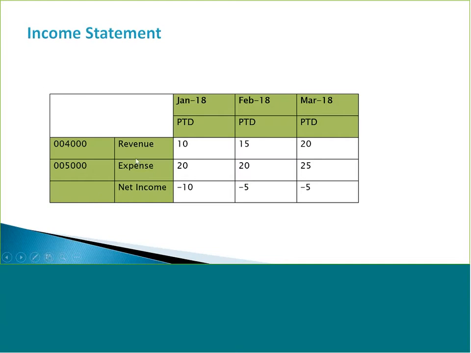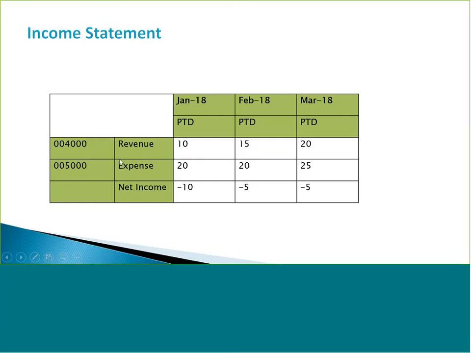Now the difference is that for the revenue accounts and the expense accounts row definitions, we are going to use account assignments to assign the accounts that are going to be the values displayed here. But for the net income row definition, we are going to use calculations, because the net income is going to come from subtracting the expenses from the revenue.